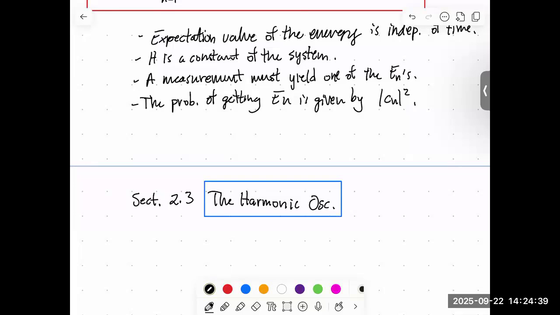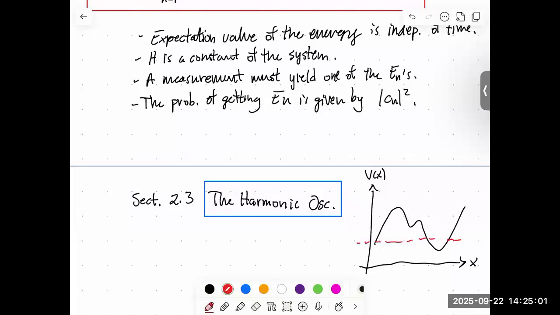So if you just think about any potential, I don't really care what the shape is, V of x, here's x, it can be some complicated thing. If I'm interested in the low energy dynamics, maybe my system has an energy here, then the potential is in this region. Maybe it's not exactly quadratic, but I could certainly approximate it as quadratic.